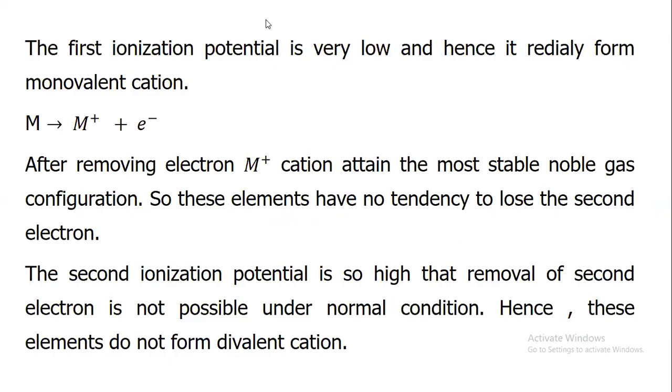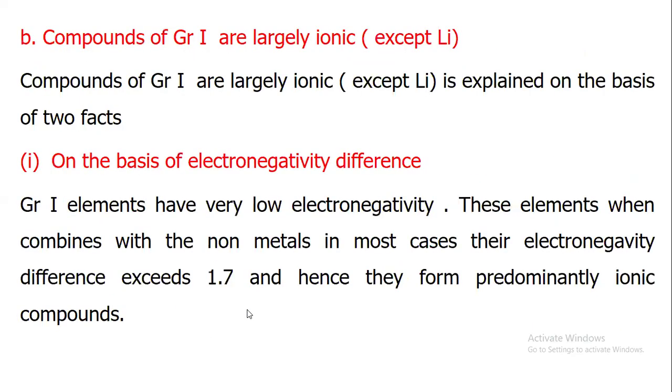The first ionization potential is very low, and hence they readily form monovalent cations. After removing the electron, the M+ cation attains the most stable noble gas configuration, so these elements have no tendency to lose a second electron. The second ionization potential is so high that removal of the second electron is not possible under normal conditions. Hence, these elements do not form divalent cations.